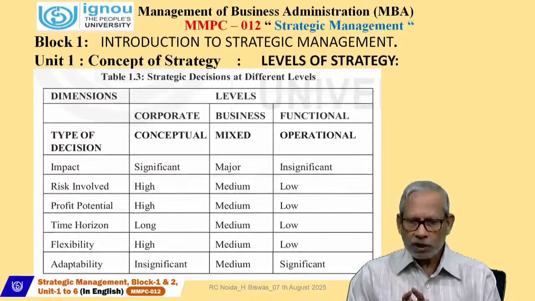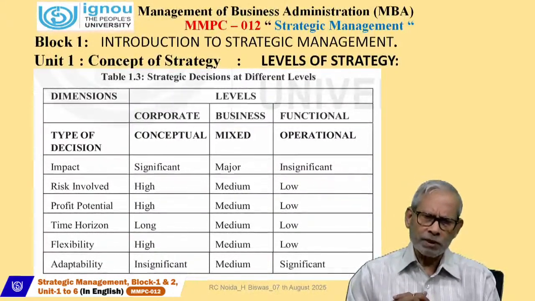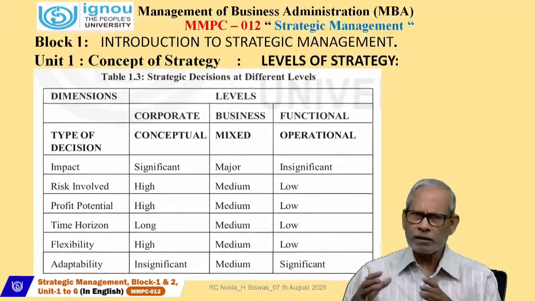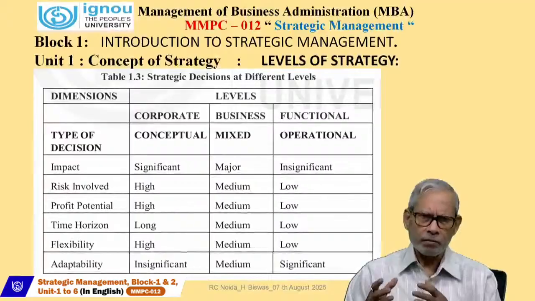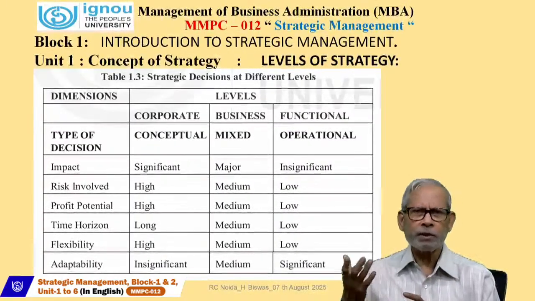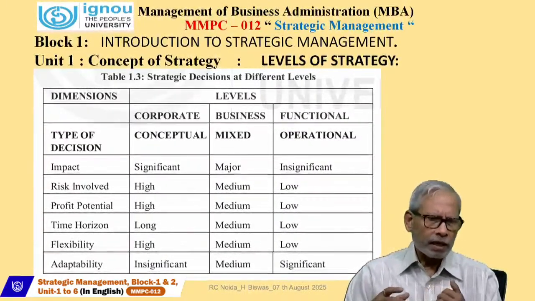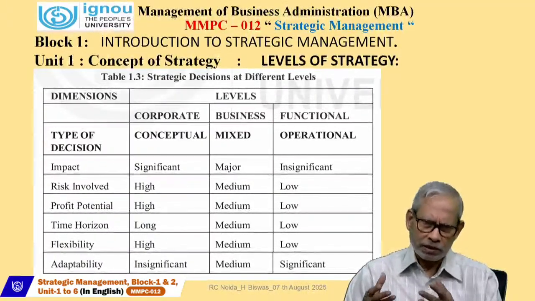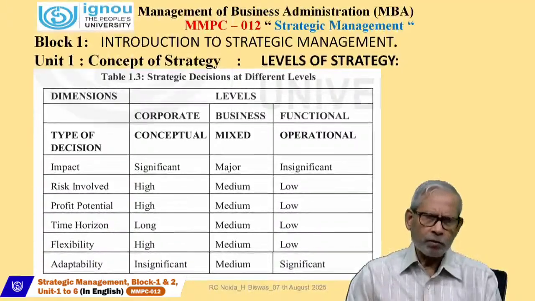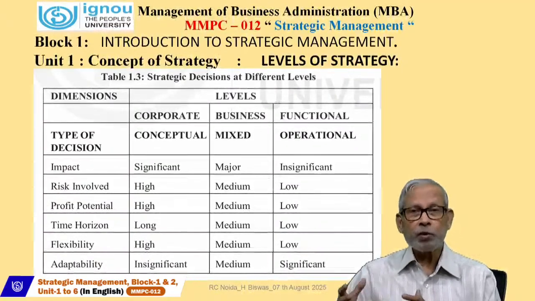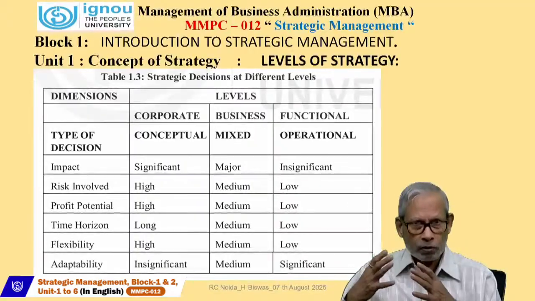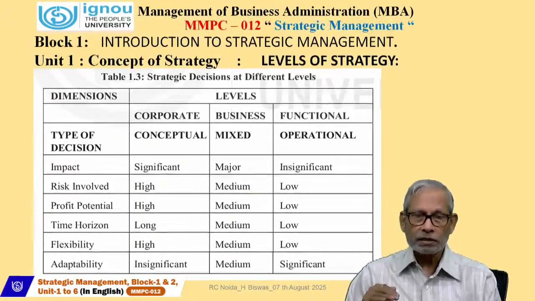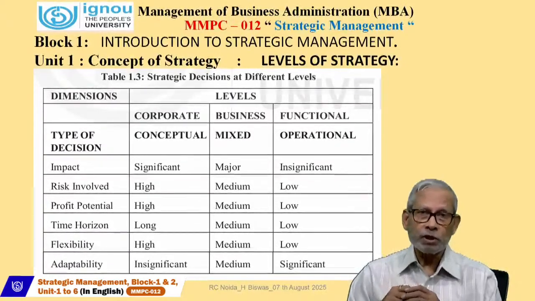In the case of operational levels, the impact is very insignificant, because they are not strategy makers basically, and the risks involved are low, policy potential is low. But adaptability is important, because those who are the frontliners, I mean the functional areas, have to adapt as early as possible and own it.